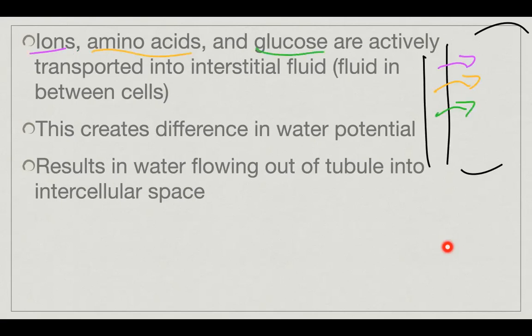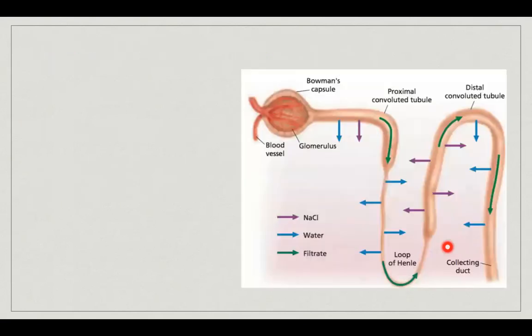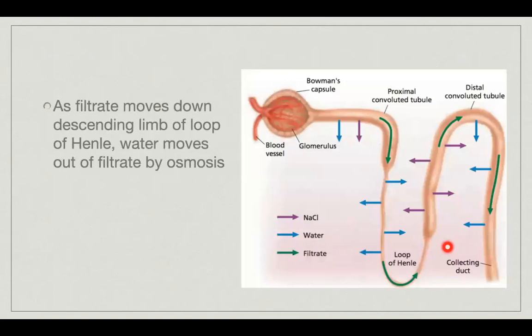These are all solutes, which means the content of water in my interstitial space is going to be reduced. That means that water is going to follow the ions, amino acids, and glucose from the renal tubule into that space between cells. So here's where the loop of Henle comes in.